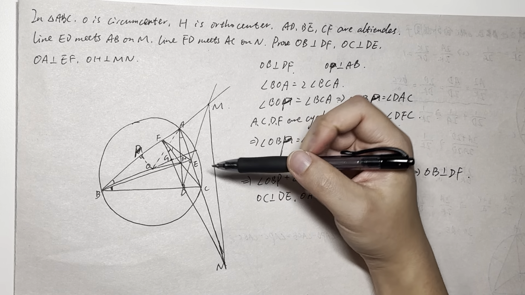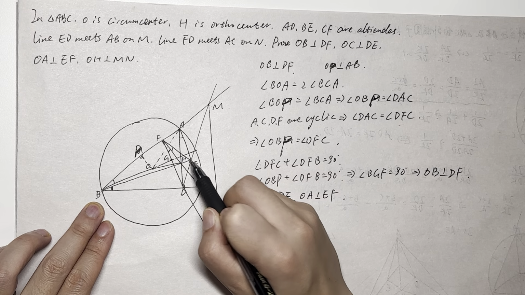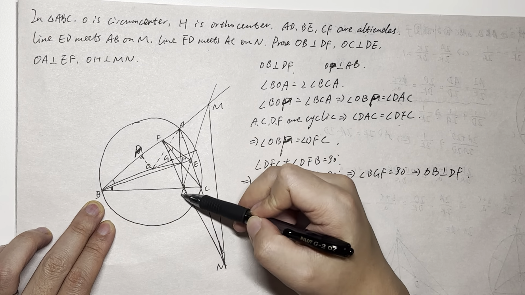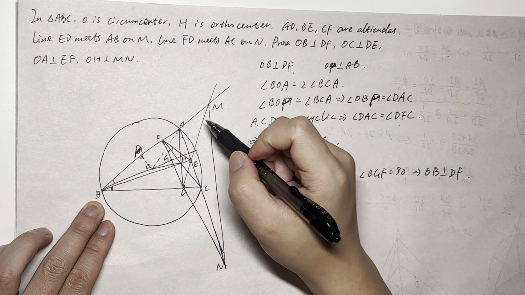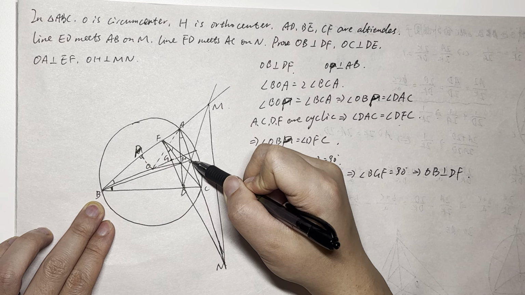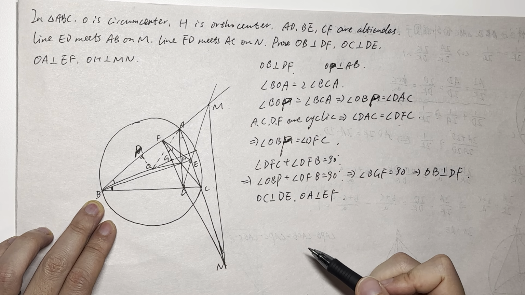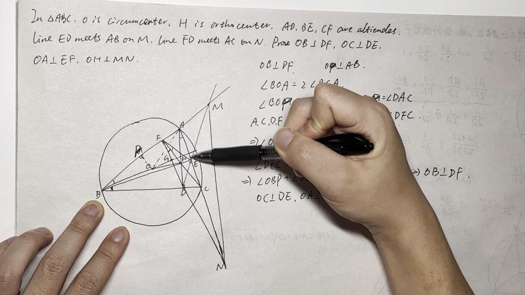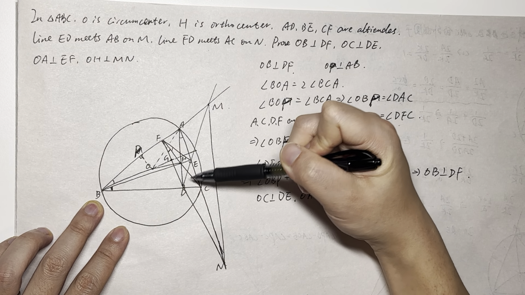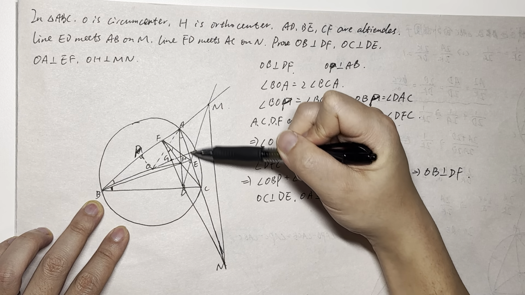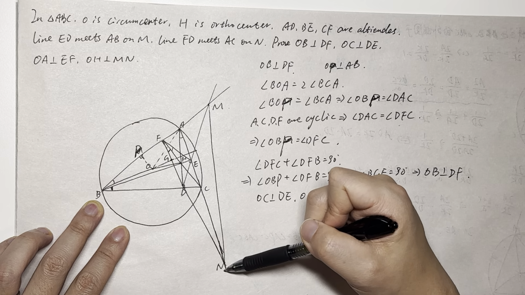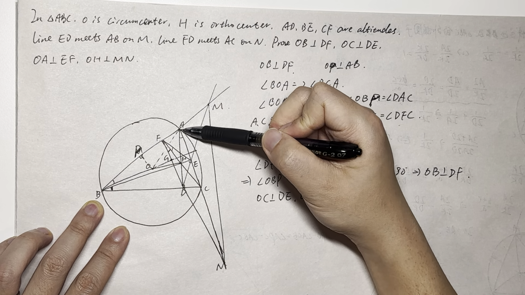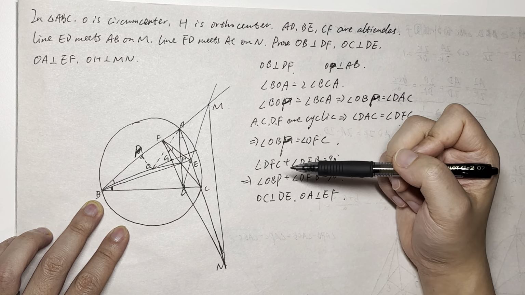If we look at DEAB, we notice that DEAB are cyclic. And for the extension of AC and FD, which meet at N, we know that ACDF are cyclic.